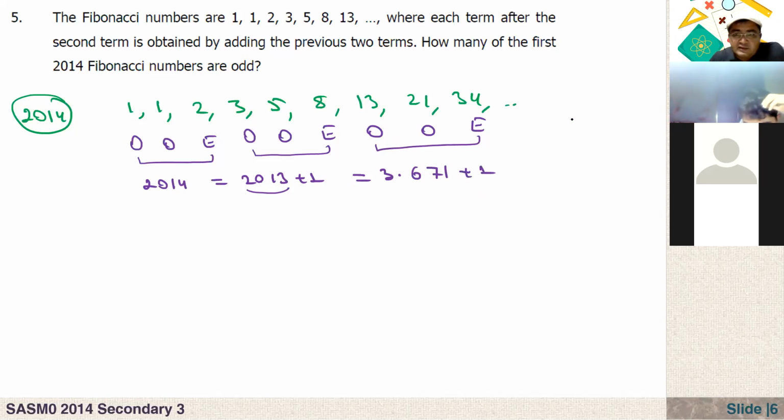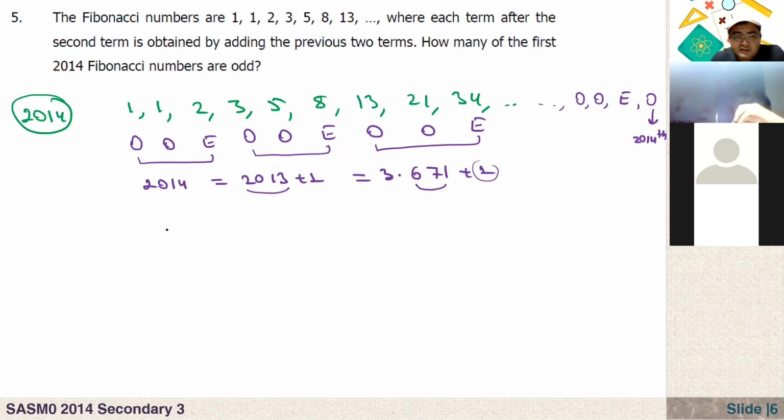That means until 2014, we have 671 groups of 3, plus 1. If I continue here, this will again be odd, odd, and even, and after that, this odd. So this one is 2014, right?